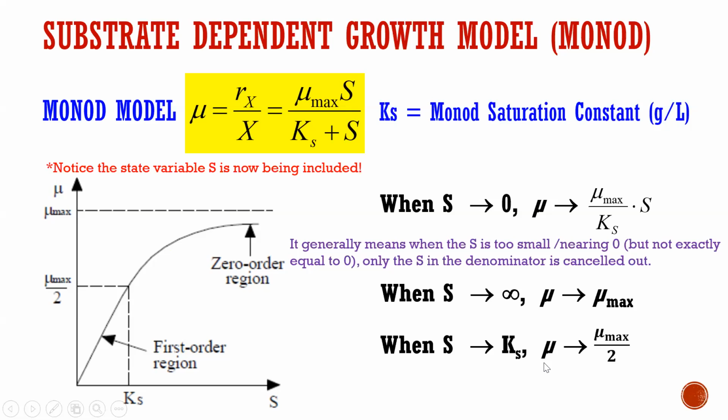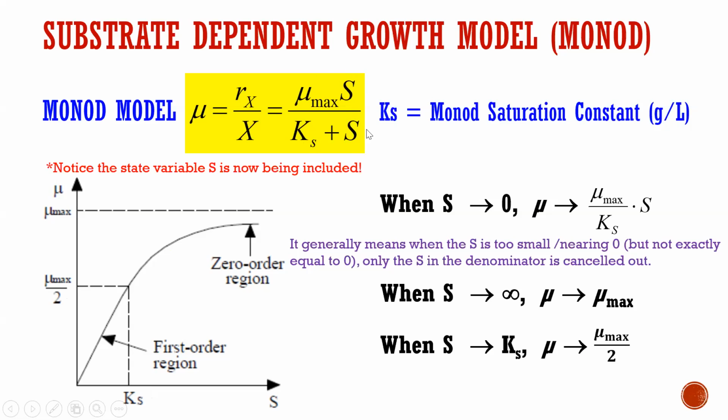That explains why Ks is the substrate concentration at half of mu max. You can determine it by extrapolation or just based on calculation. Okay, so this is the Monod model.